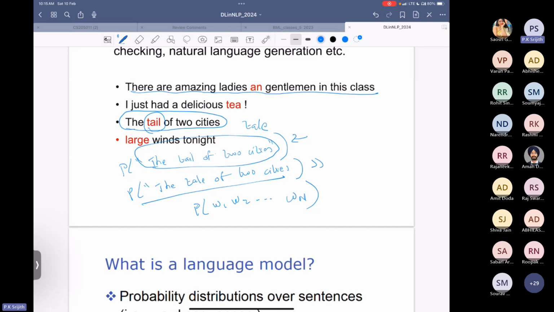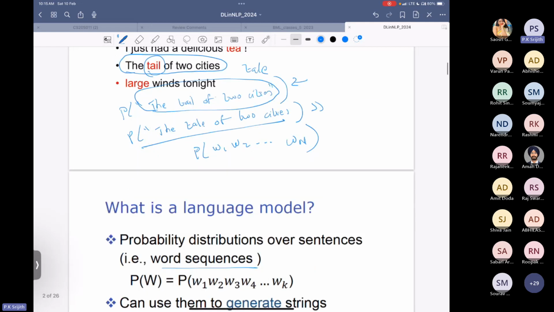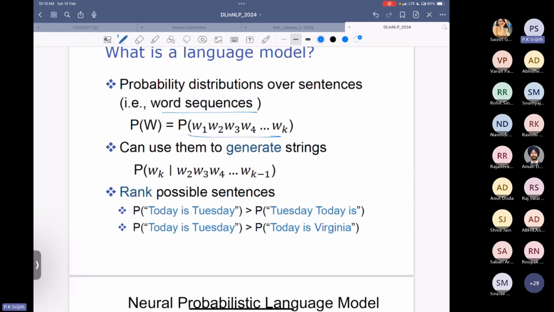And not only that, if you know this probability distribution, we can make use of it to conditionally generate a new sentence. This is learning some kind of distribution over the sequence of words. So if we have that kind of generative model, which is modeling the probability distribution over your sentence, we can make use of that generative model to generate new sentences also, for instance, by making use of this conditional distribution.